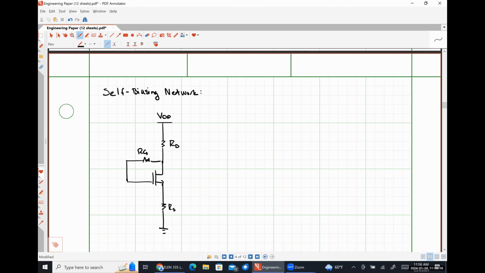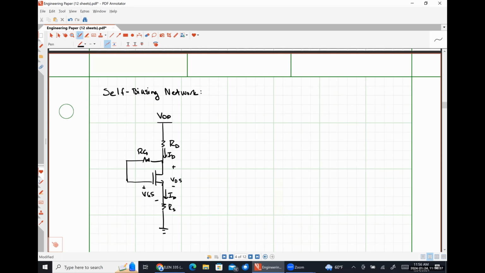Here's some resistance RS. So here's VGS. This is ID. Just to remind you, this is also ID. And here's VDS.